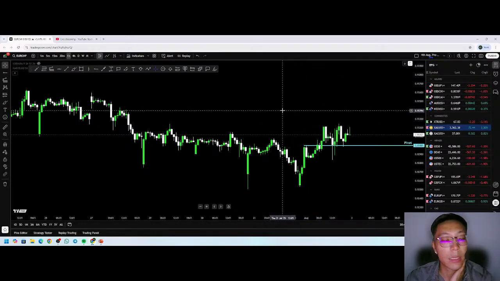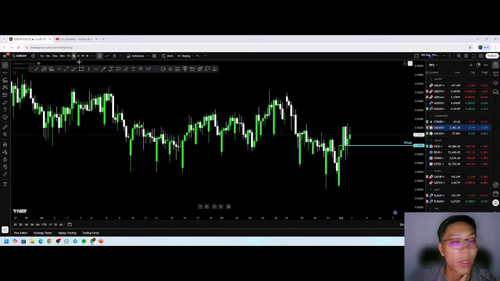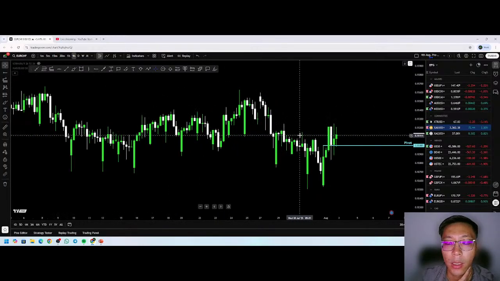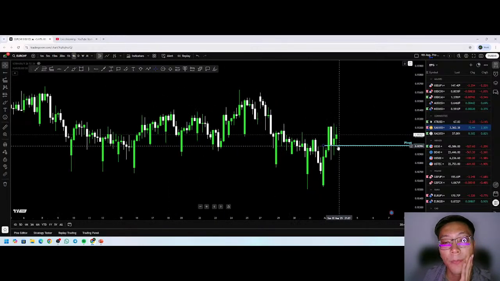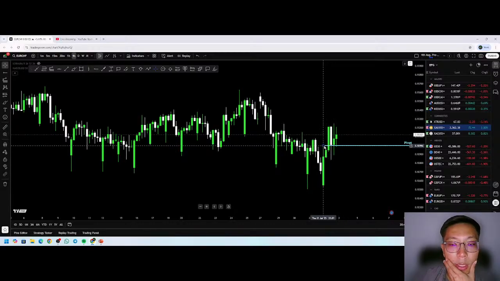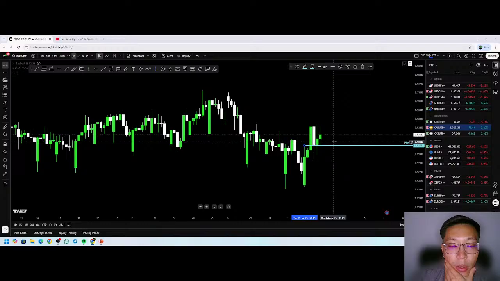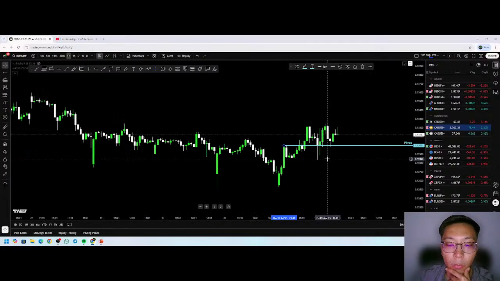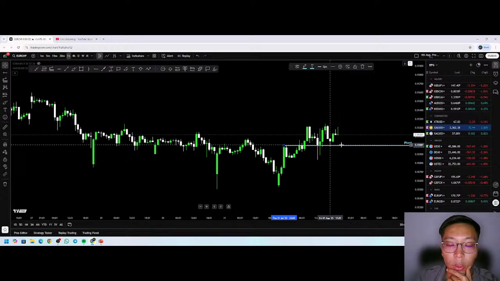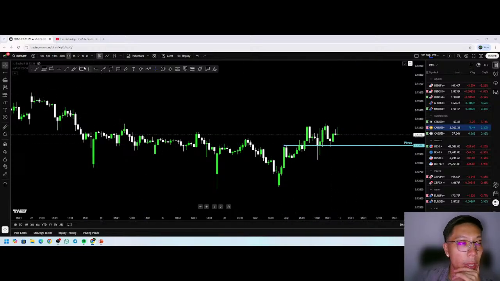Okay, so I think this level right here is a nice pivot point. Why I chose this as my pivot point, and I'm on H1, is because all the other key levels are quite messy. I would say this is a nice area. There's no clear direction yet, right?